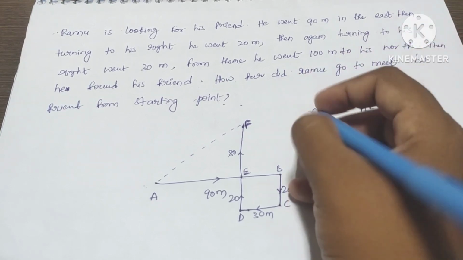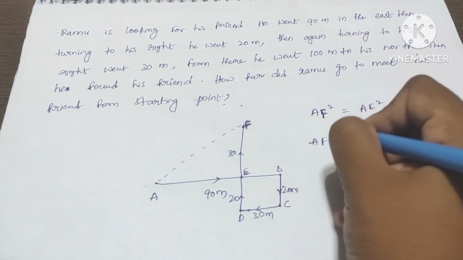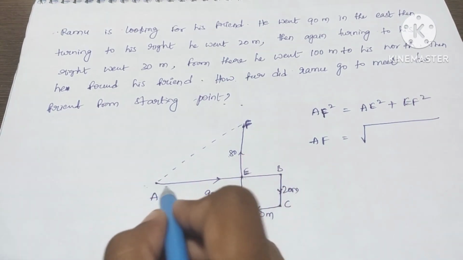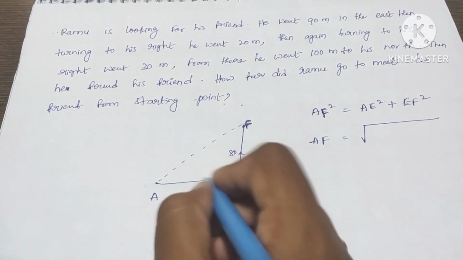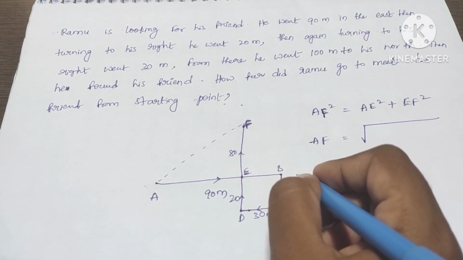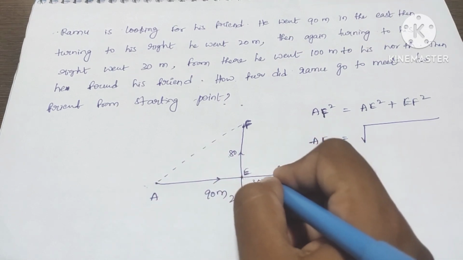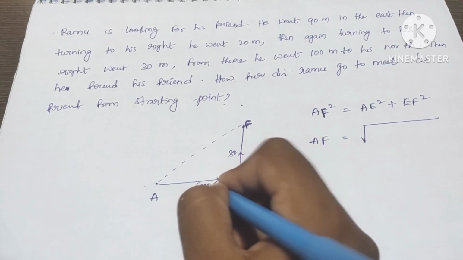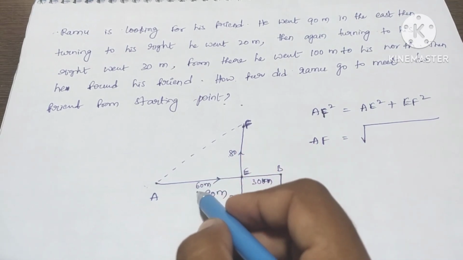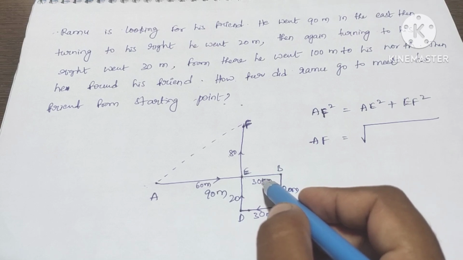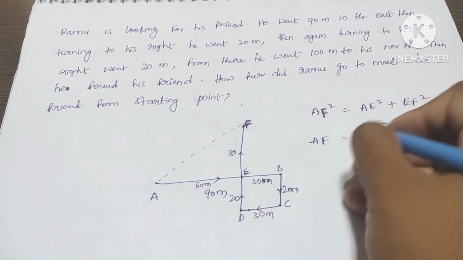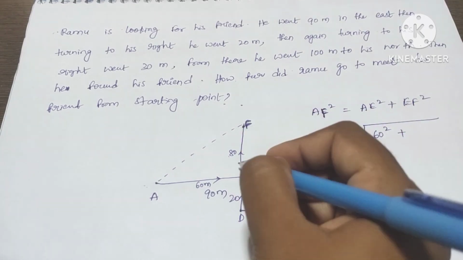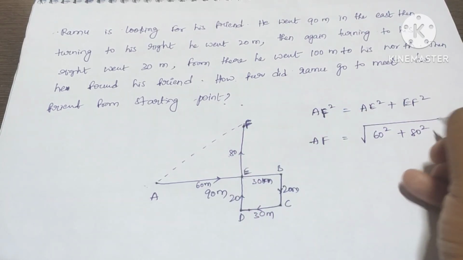AF is equal to the square root of AE square plus EF square. This total distance is 90 meters, this distance is 30 meters and this distance is 60 meters. So AE is 60 square plus EF is 80 square.